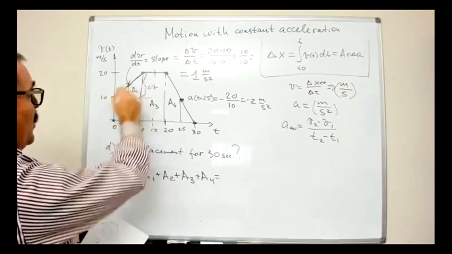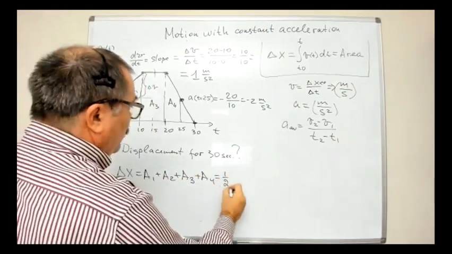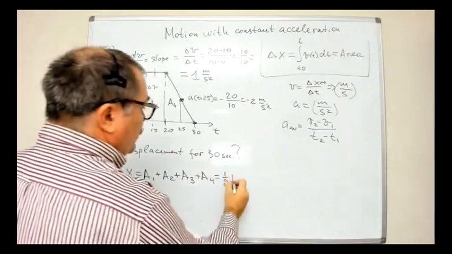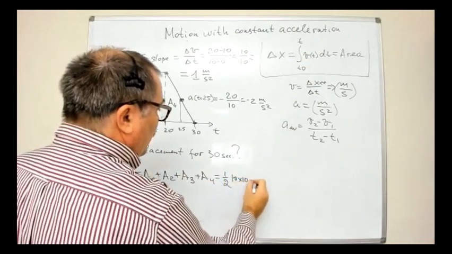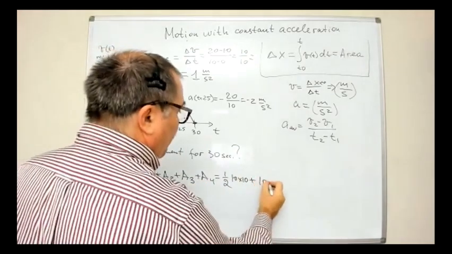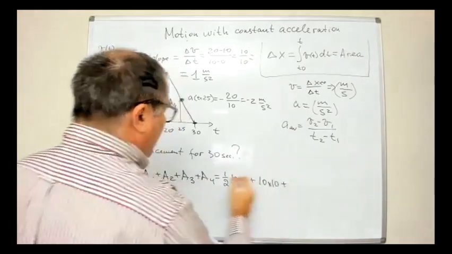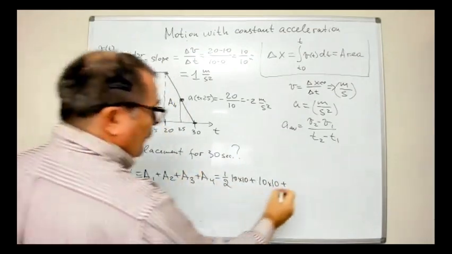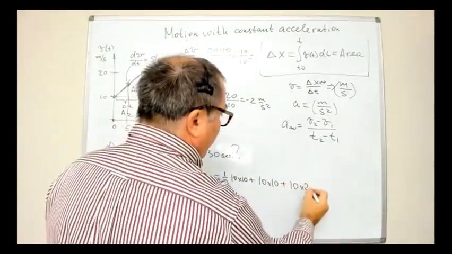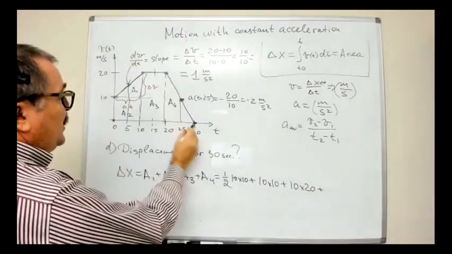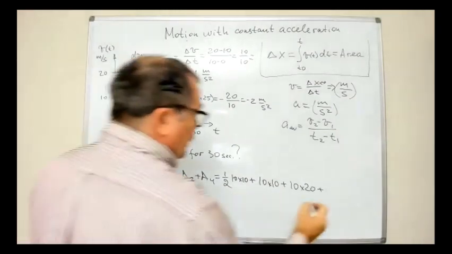The area A1 is 1/2, the base is 10, height is 10. So 1/2 times 10 times 10, plus area 2, which is 10 by 10. Area A3 is 10 by 20. And area 4 is 10 by 20 times 1/2.